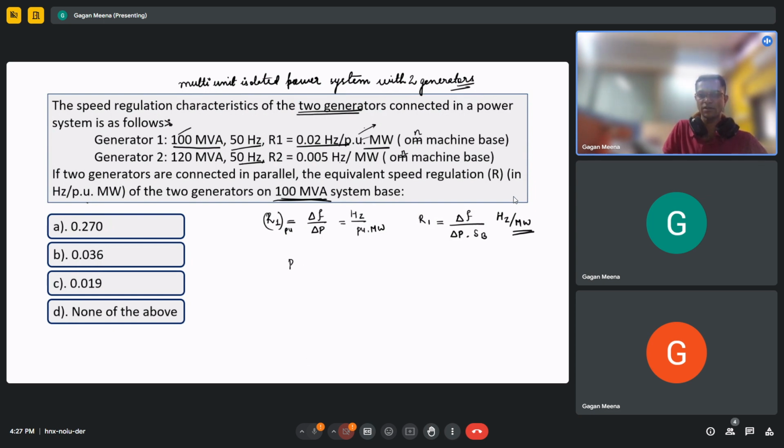So R1 actual value will be 0.02 hertz per unit megawatt divided by the system base, which is 100. So how much is this? This is 0.0002 hertz per megawatt. This is the actual value.